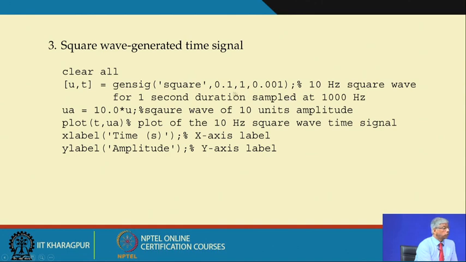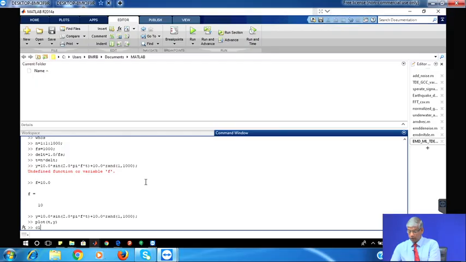I am giving 0.1 as the duty cycle, and then amplitude is equal to 10. So, you can always do help gen sig, just to be clear. Let me clear all here.